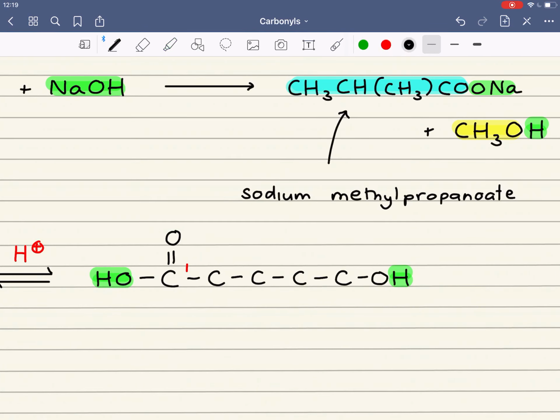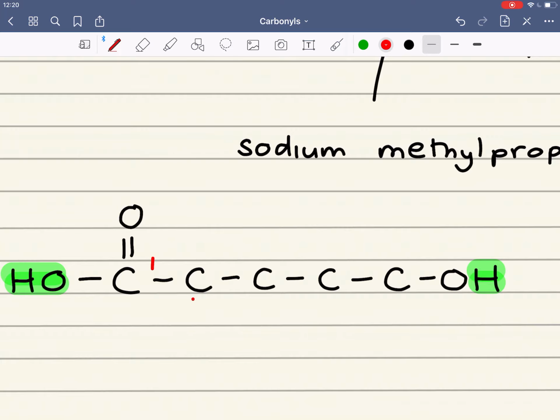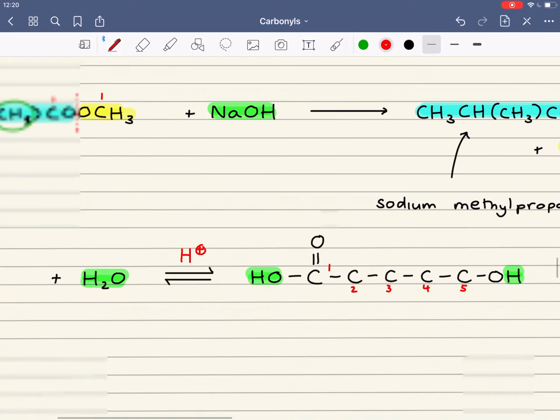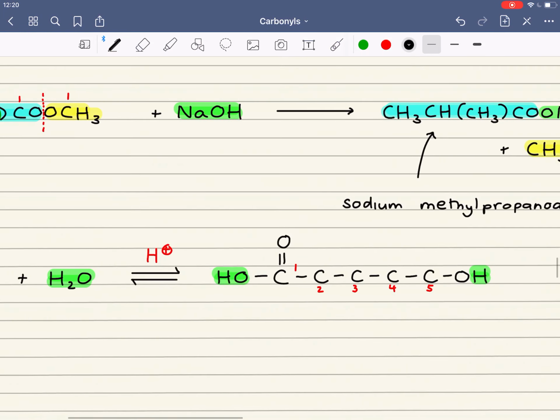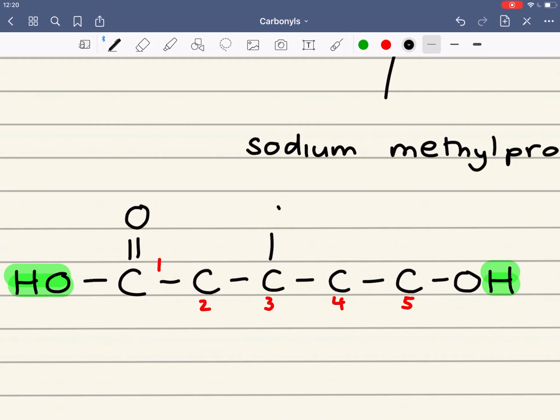Now, again, let's keep numbering it. We've got carbon 1, 2, 3, 4, 5. And we can see in the cyclic ester, we had a methyl group on carbon 3. So that stays where it is. And I put a methyl group there on carbon 3. And the rest of these are hydrogens.